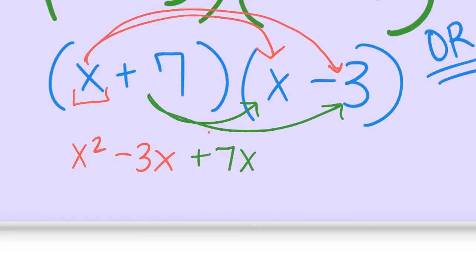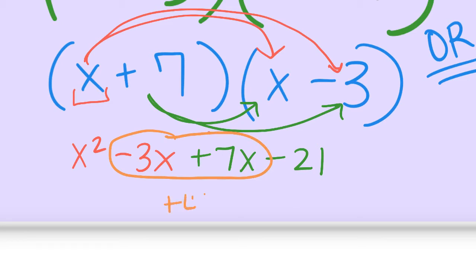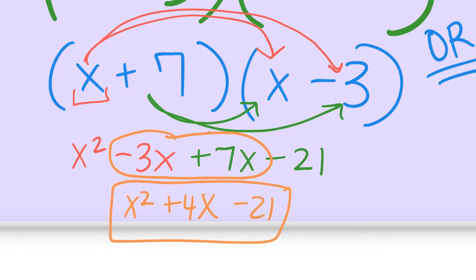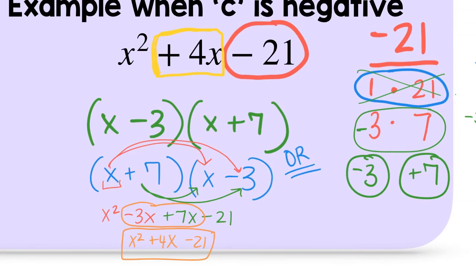And then 7 times negative 3 is negative 21. And then if you combine the middle terms, just like we normally would do, negative 3x plus 7x is positive 4x. And if you bring down everything else, this does look like what we started with. So if you look up here, x squared plus 4x minus 21, x squared plus 4x minus 21. So we did it correctly.